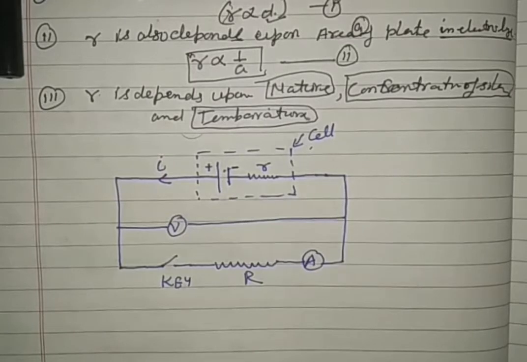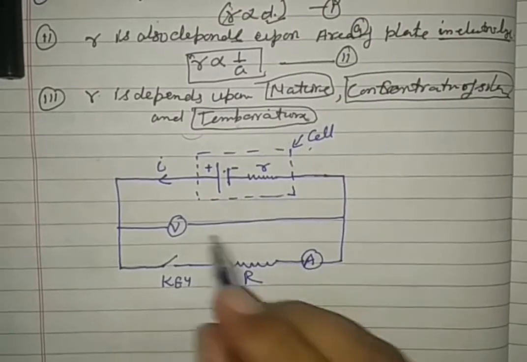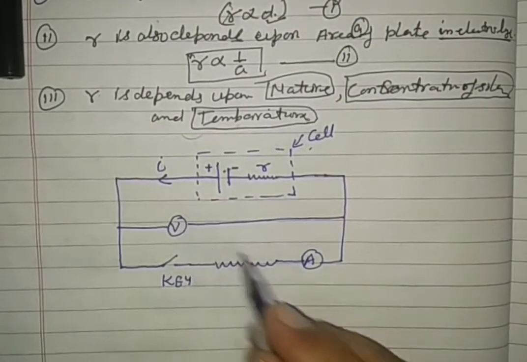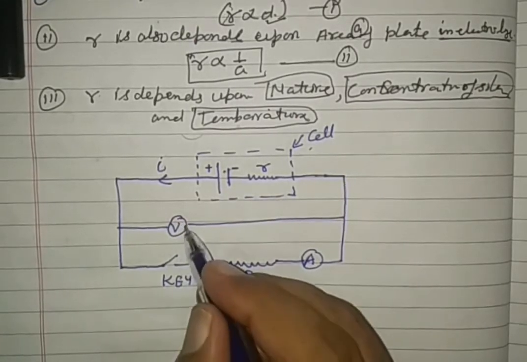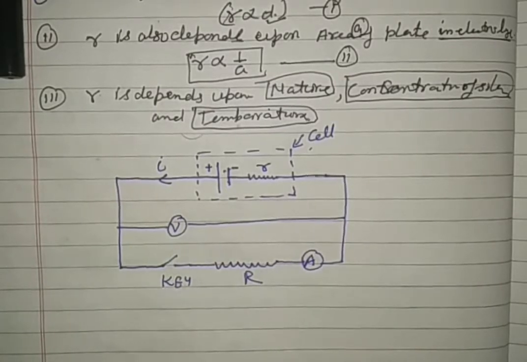So be careful in that, right? An ammeter is always connected in series and a voltmeter always in parallel to measure the quantities, current and potential difference respectively.